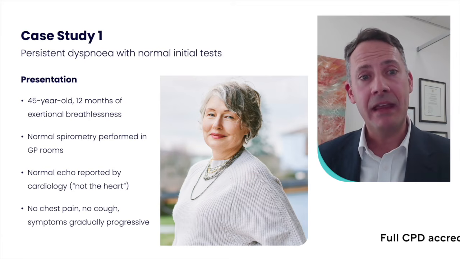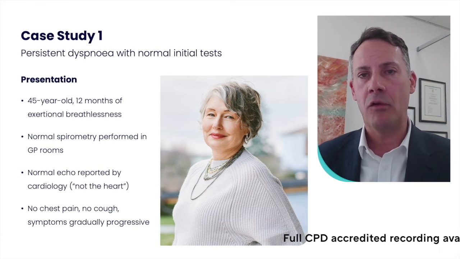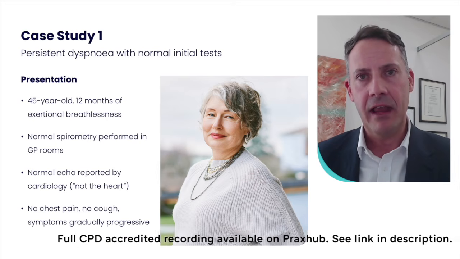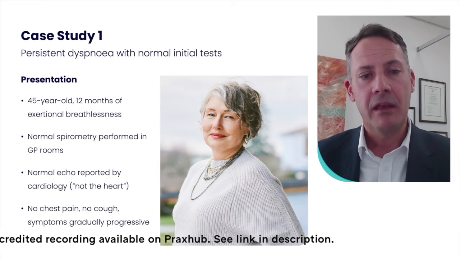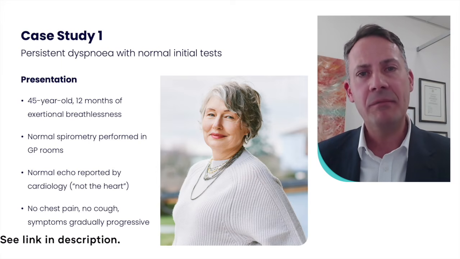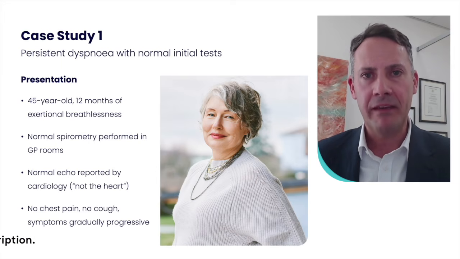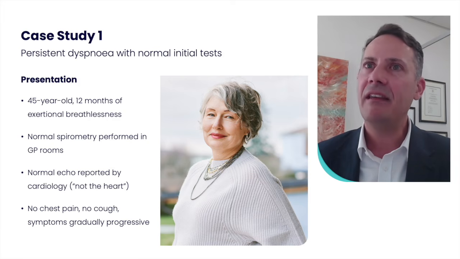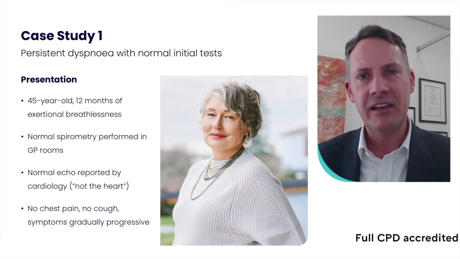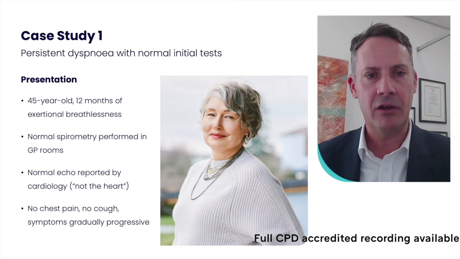And the GP has also sent her for an echocardiogram and it was reported as normal. She doesn't have any chest pain. She has no cough. And her symptoms have been gradually progressive to the point that she's avoided exercise now. She's going out less because she feels she gets breathless when she goes out.